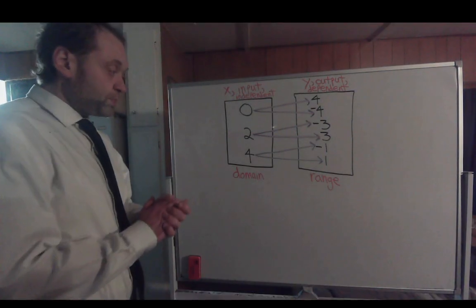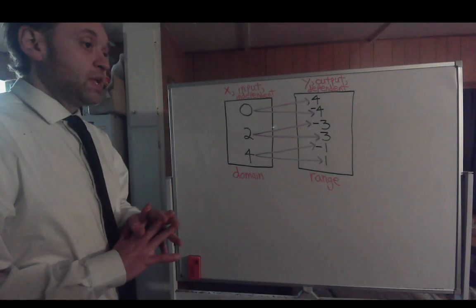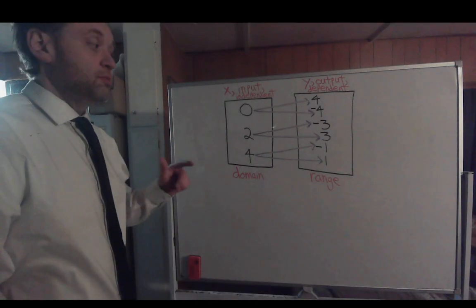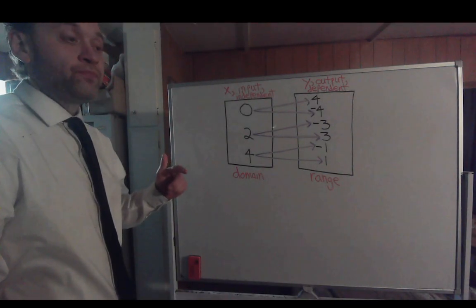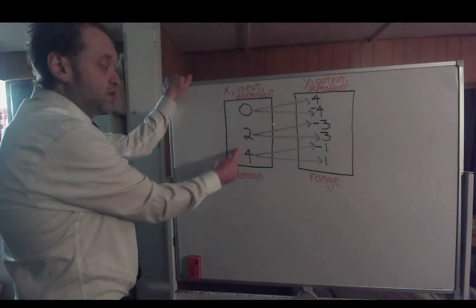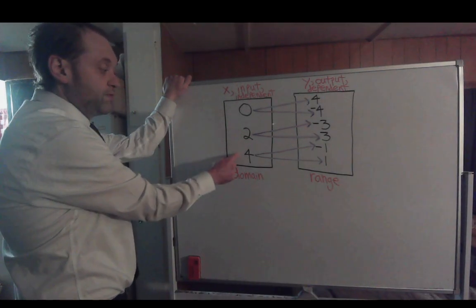So a relation is when you have an element of the domain corresponding with at least one element of the range. So here we have three numbers in our domain for our x variable. We have 0, 2, and 4.